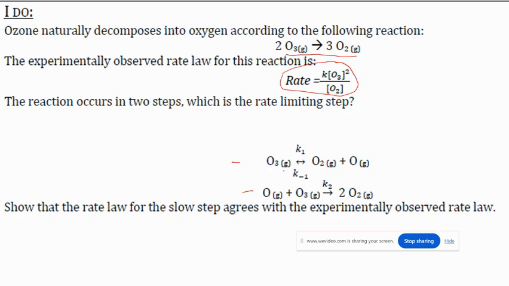If it was this step, the rate law would just be O3. So it doesn't make sense that that's our slow step. Does that make sense?